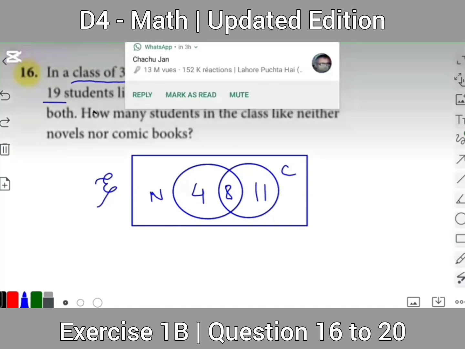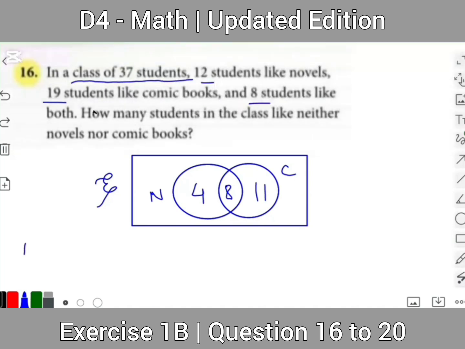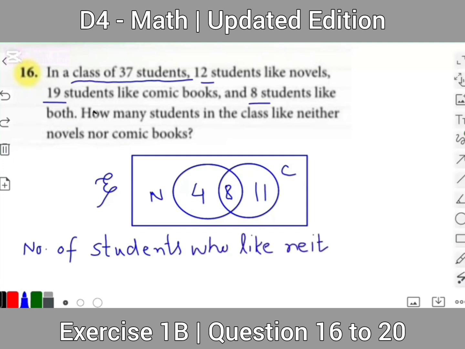Now we have to find out the number of students who like neither novel nor comic, and that will be denoted by n of C complement intersection N complement.